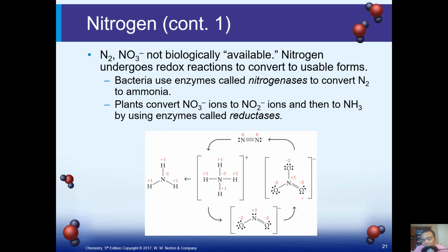Nitrogen will be converted to, for example, ammonia, NH3, by nitrogenase enzymes in bacteria, and nitrates, NO3-, in soil will be converted to ammonia by reductase enzymes in plants. Once in the food chain, the organic forms of nitrogen can supply the essential amino acids for human diets. There is no need for you to know the details of how nitrogen is being converted into the useful form, or nitrates being converted to useful forms like ammonia.